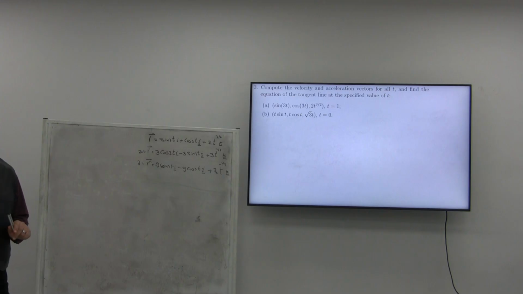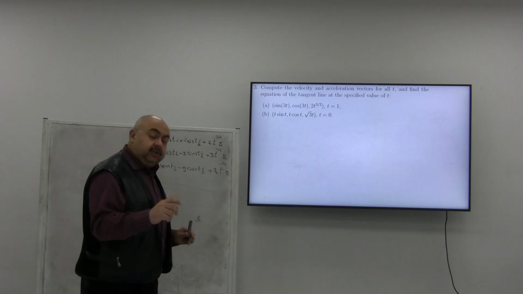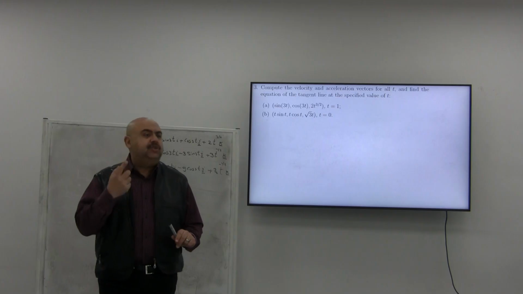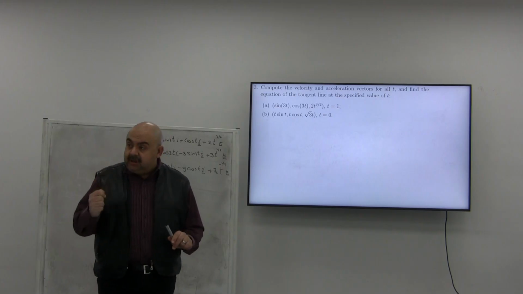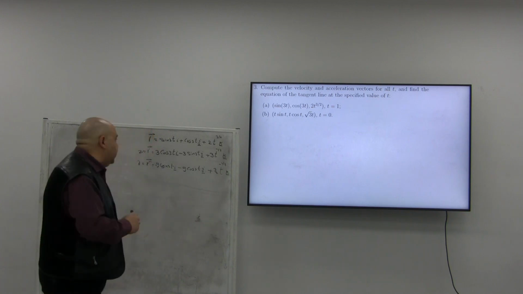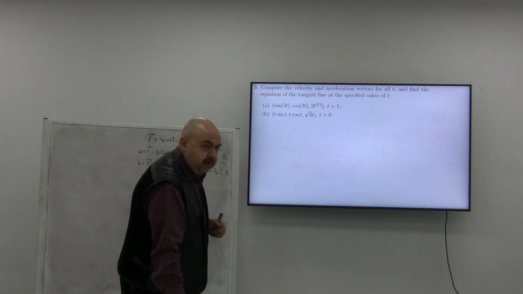He needs you to find an equation of a tangent at t equal 1. In order to get such an equation, I know that I will be dealing with a straight line, and the straight line in parametric representation can be represented as the following. That's an equation of a straight line, as I told you earlier in the morning.